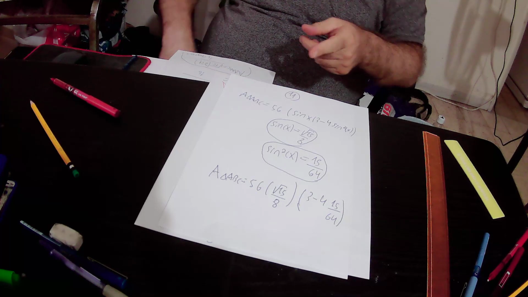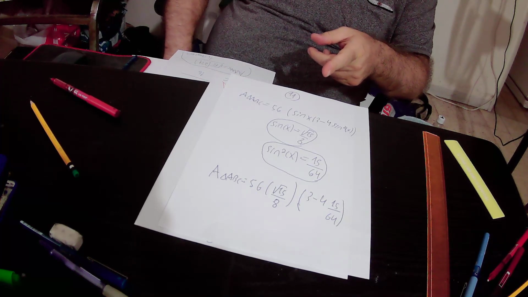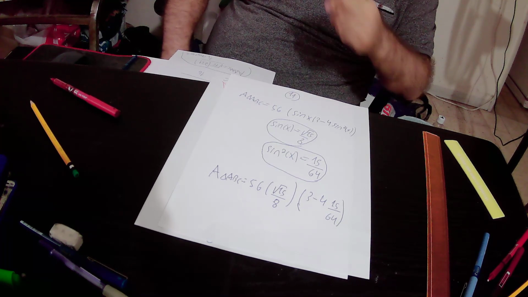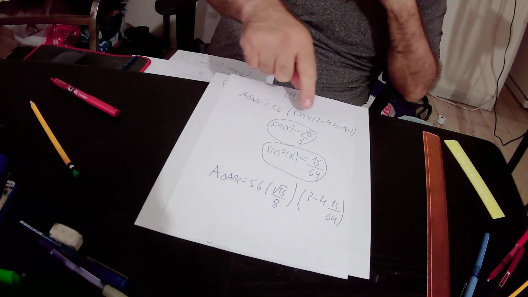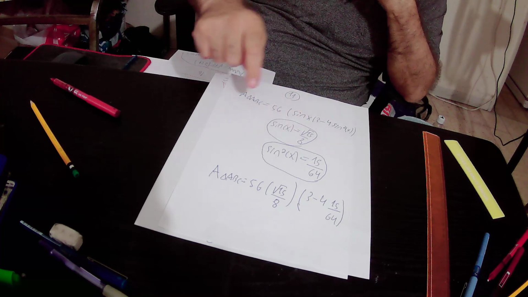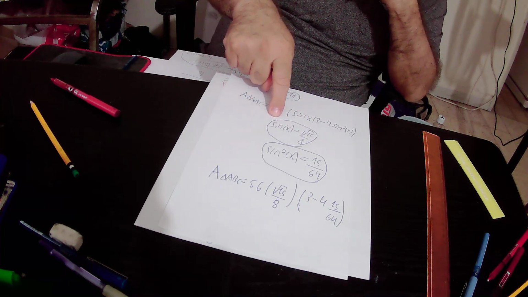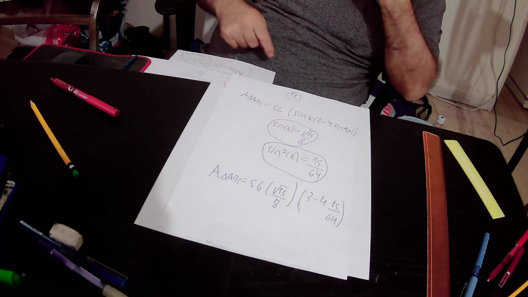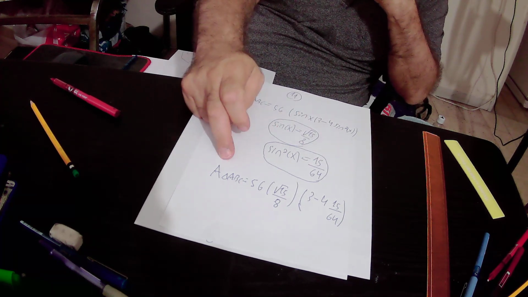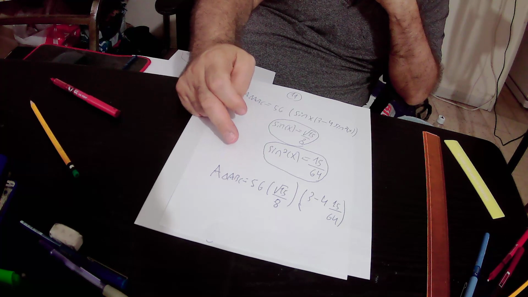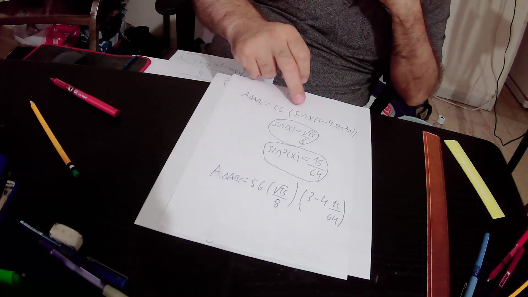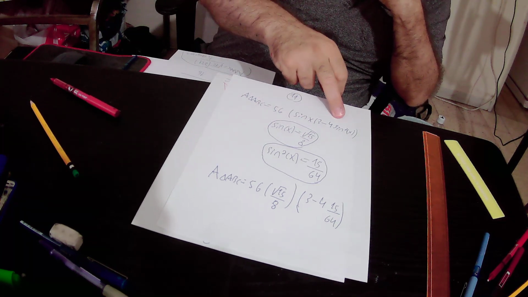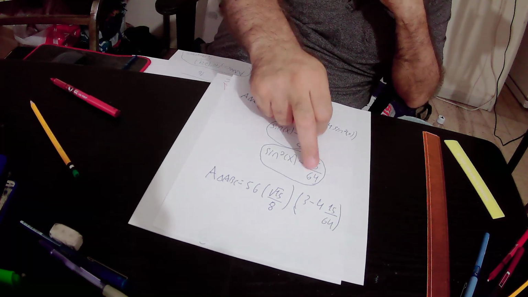The area of triangle ABC equals 56 times sine x times (3 minus 4 sine squared x), and we know that sine x equals root 15 over 8, so if we square this equality, we get that sine squared x equals 15 over 64. So we can substitute sine x by root 15 over 8 and sine squared x by 15 over 64.